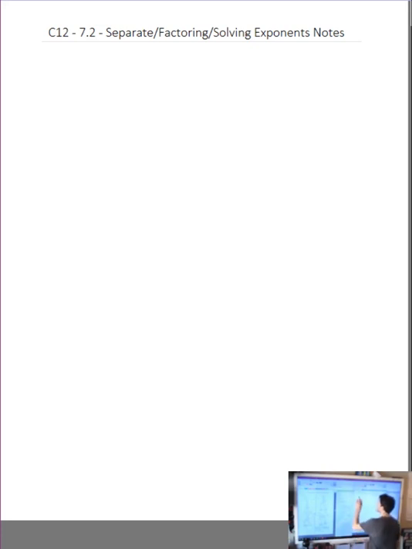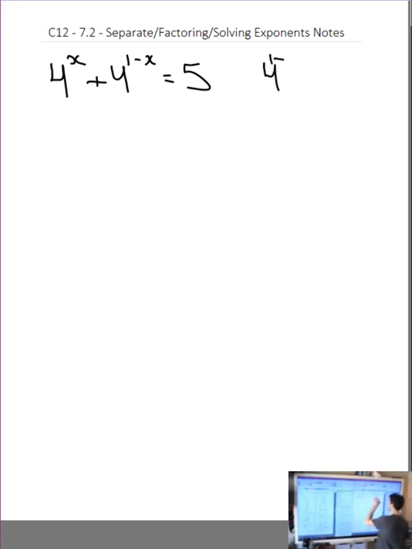Okay, let's take a look at another similar example. 4 to the x plus 4 to the 1 minus x equals 5. So the funny looking thing will be 4 to the x. Now I need to work on this thing over here, 4 to the 1 minus x, which is just simply 4 to the 1 over 4 to the x.